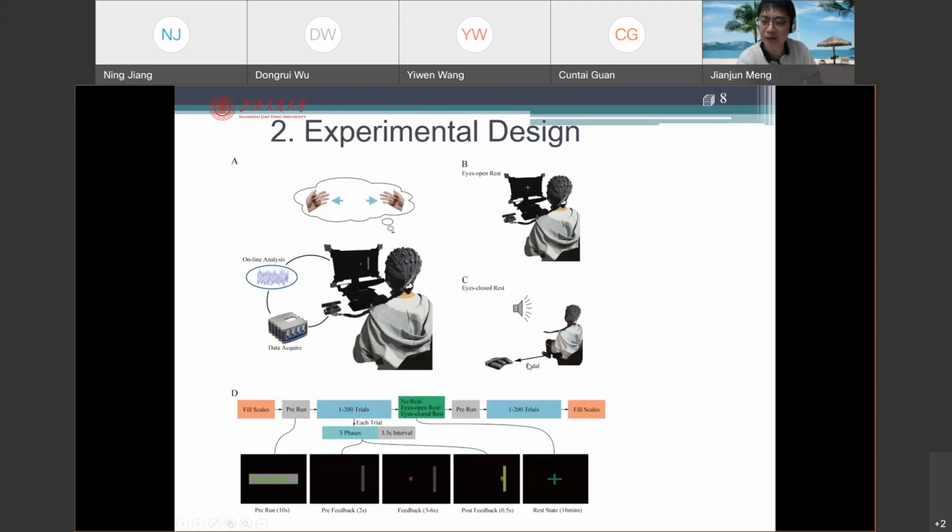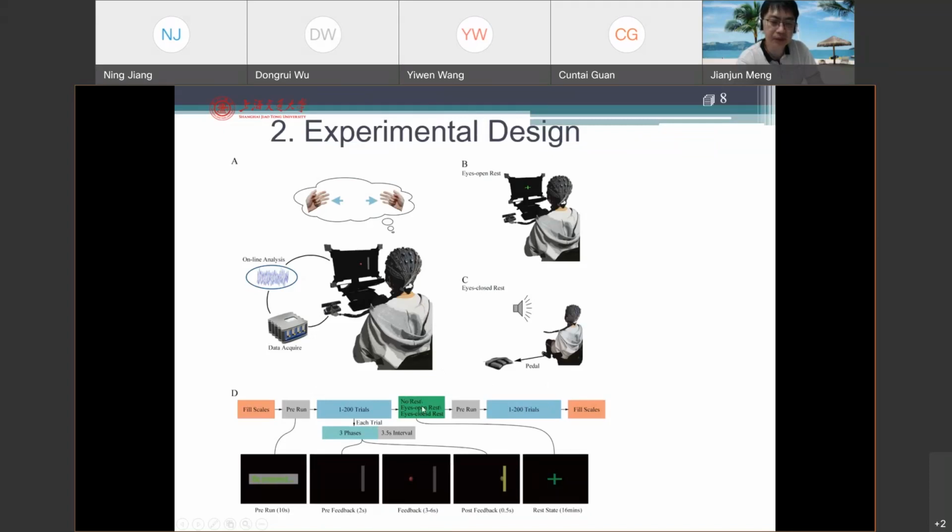In total, the experiment lasts about 2 hours. In the no rest condition, the last 200 trials immediately followed the first 200 trials. That means there is no rest between them.